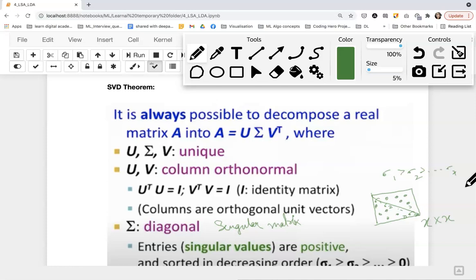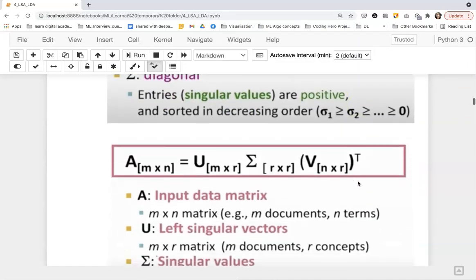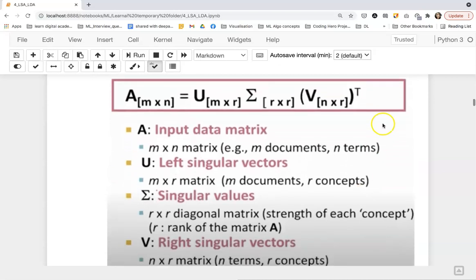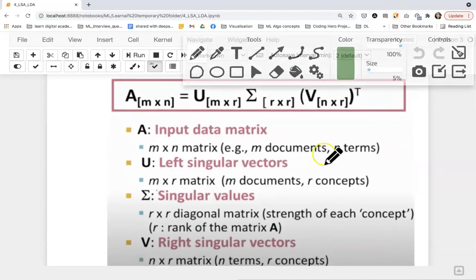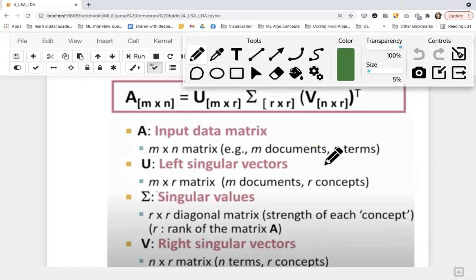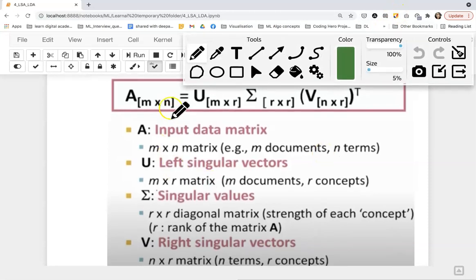Moving forward, let's see how dimensions get decomposed. The dimensions of the matrix A which we want to decompose are m cross n, that means m rows and n columns. The dimension of U that we get after the decomposition will be m cross r.